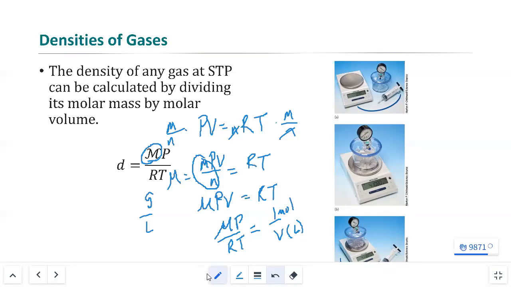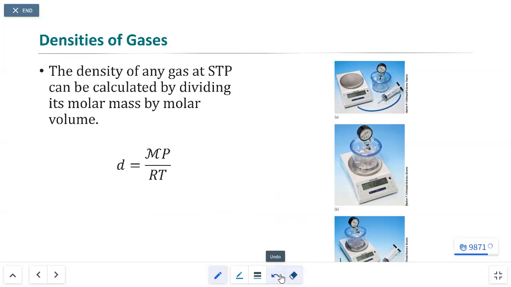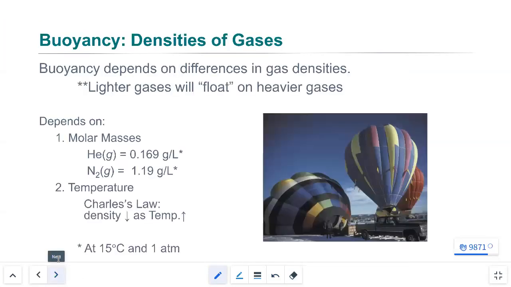The problem with these kinds of calculations, honestly told, I don't use them particularly much. It's very useful if you have that equation in hand at the moment. But if you have a simple understanding of the ideal gas law, we can manipulate it appropriately. Why this is important is buoyancy.